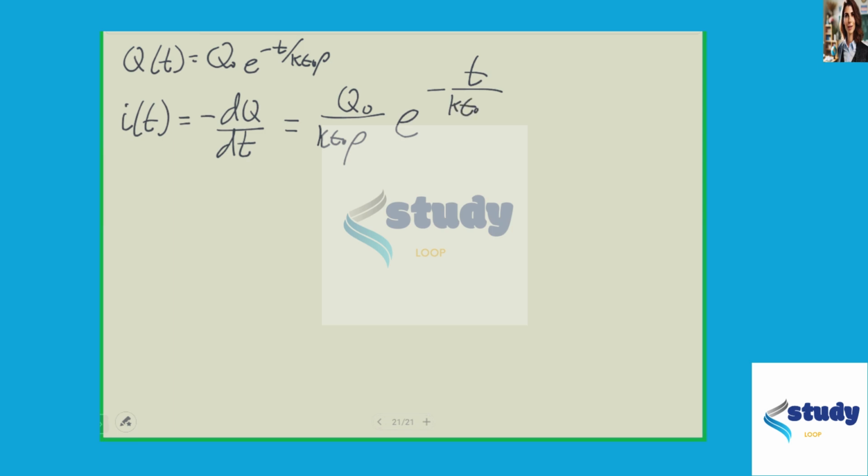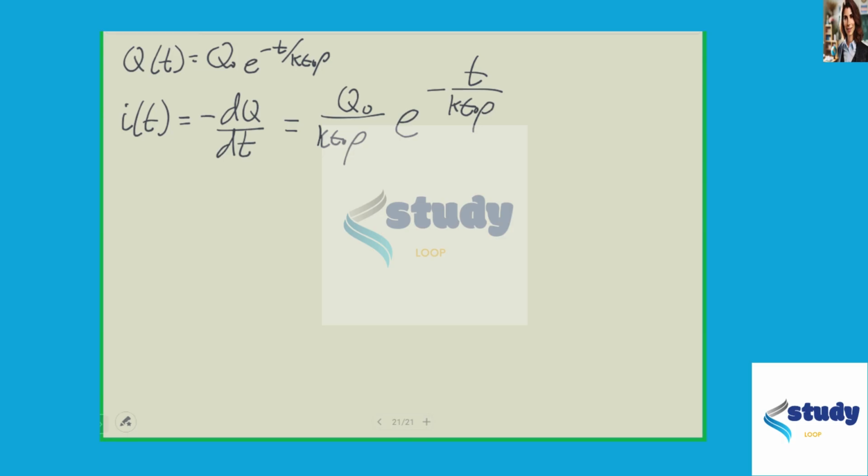And then to get the current, we just go back and take the derivative. So the current is minus dQ/dt, which is Q0 over K epsilon naught rho times e to the minus t over K epsilon naught rho. And there's the current.